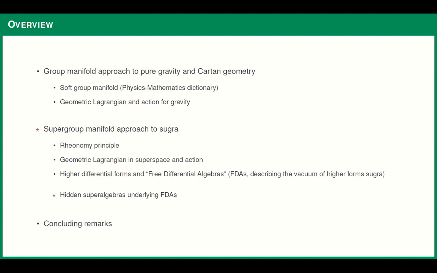Maybe I missed what does soft mean? Soft group manifold, because one can think of giving, first of all, a manifold structure to a group, that is to allow for a differential geometry to exist there and to take derivatives. And so this is at the level of Klein geometry, so it's flat, and all the left invariant one-forms defined on this group manifold will fulfill the Maurer-Cartan equations.